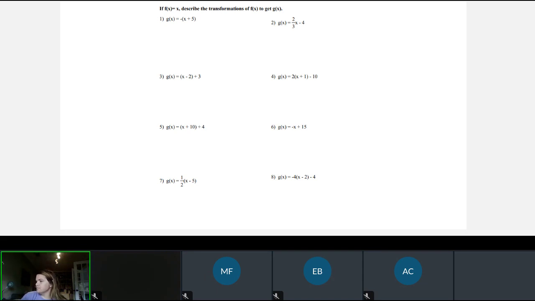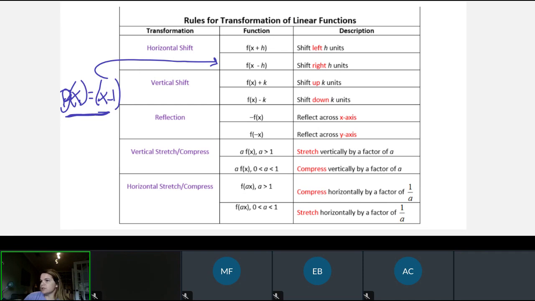Yes, that's exactly right. All right, so I want everyone to look at number 1, where it says g of x. We're going to take this one step at a time, and it's saying describe the transformation. So we're just going to write out in words what is happening. The first thing that we notice is this negative sign outside the parentheses. If I go back to my rules, when the negative is outside the parentheses, it's a reflection across the x-axis.